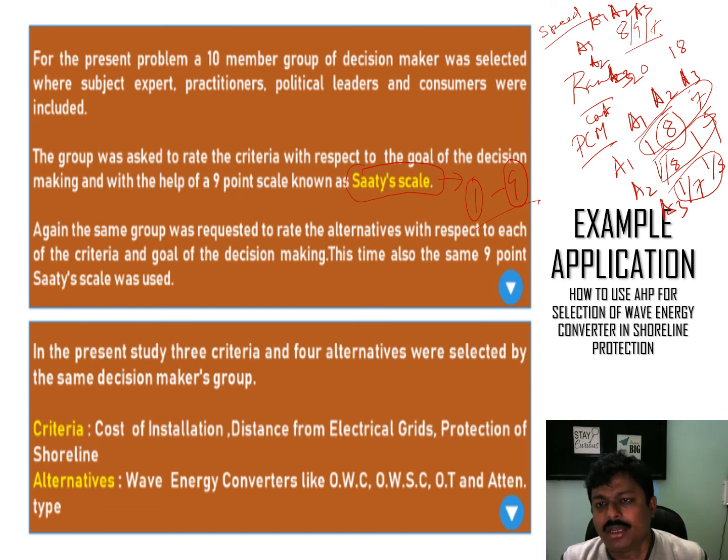So here comes the inconsistency: with the Saaty scale, for cost I am giving 8, but for speed I can give any number, 8, 9, 7, whatever. It is up to the decision maker. So you can see that this rating and this rating are not consistent.